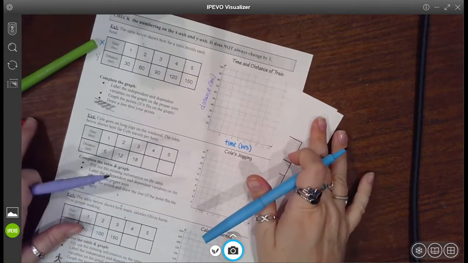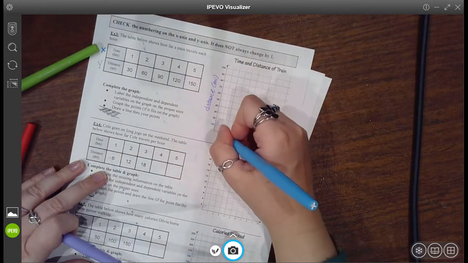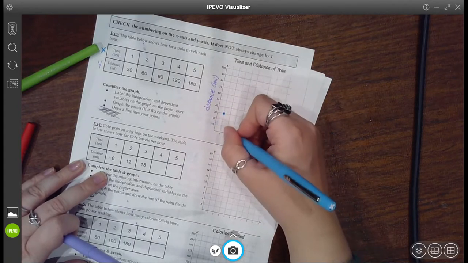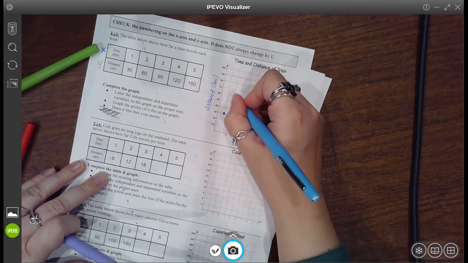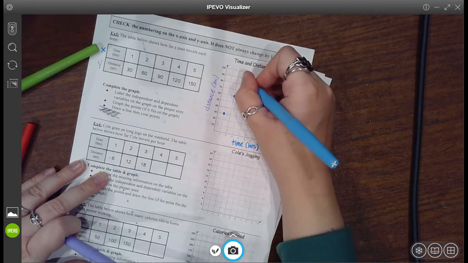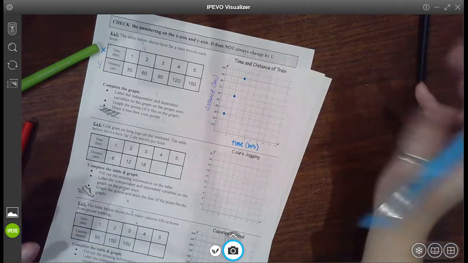Okay, and go ahead and plot those points. So at 1 hour, so go over 1, you've gone 30 miles. At 2 hours, you've gone 60 miles. At 3 hours, you've gone 90 miles. And at 4, you've gone 120. Oh no, it's off the graph. That's fine.